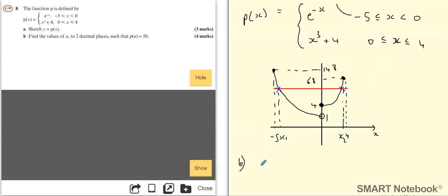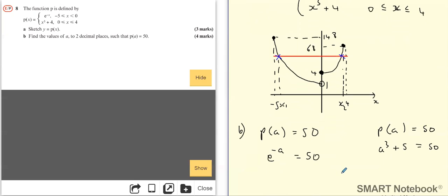For x1, I am going to make e to the minus x, or in fact it's saying p of a equals 50. So if p of a equals 50, for the left-hand side, we are going to get e to the minus a equals 50. And we solve for a there. On the right-hand side, if p of a equals 50, we get a cubed plus 5 equals 50.